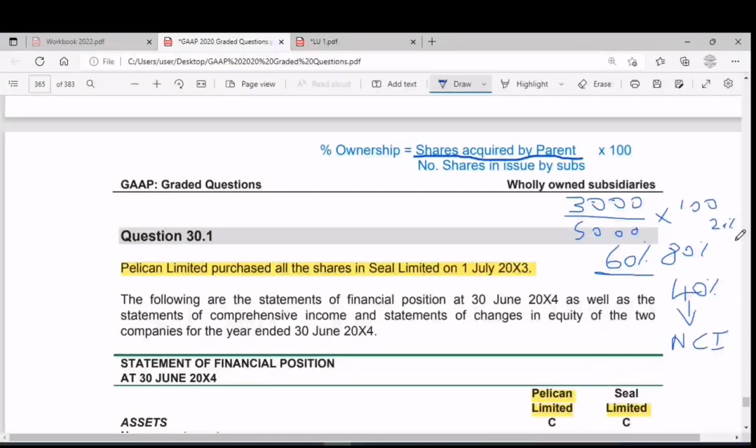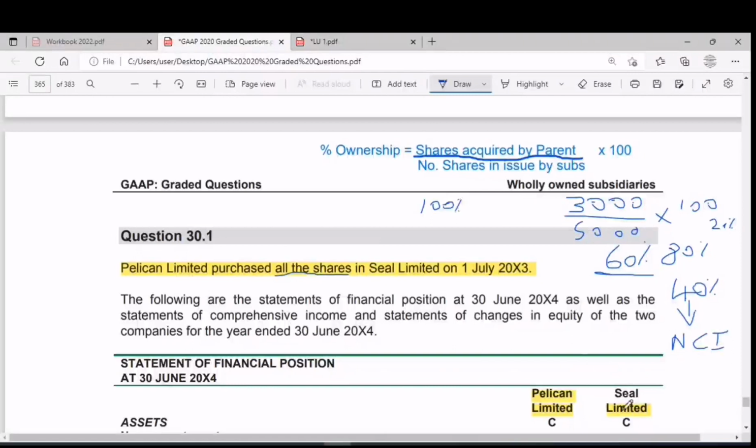Now kule situation noma kule scenario siyenzayo labathi Pelican Limited purchased all the shares in Seal Limited. So la kusho ukuthi uma kuthiwa bathenga wonke ama shares, ukuthi if Seal Limited enama shares are in issue of 5,000, onke lama shares are in issue acquirishwe uparent. So once kwathiwa uparent uacquirishe all shares, kusho ukuthi that parent is owning that company in full 100%.